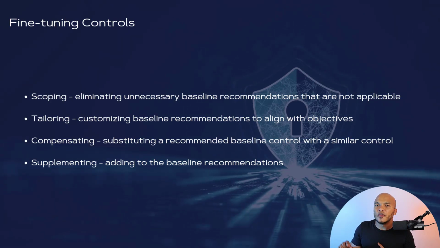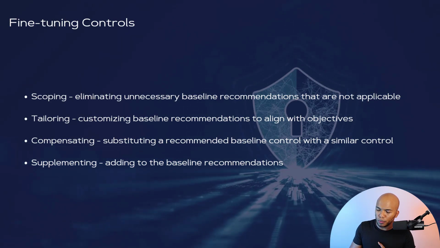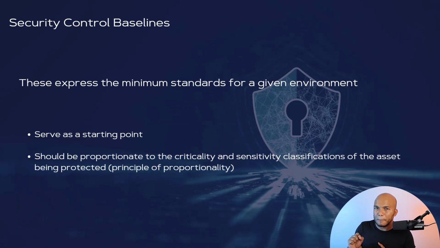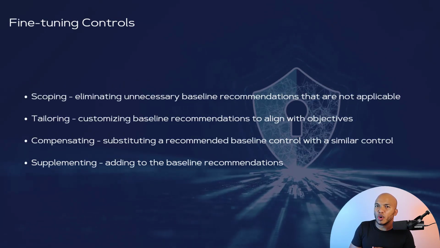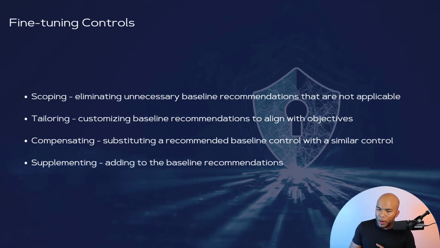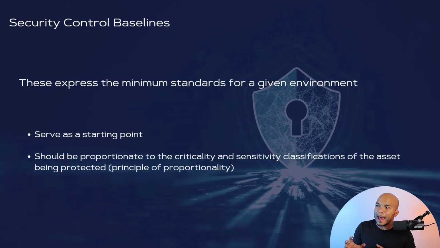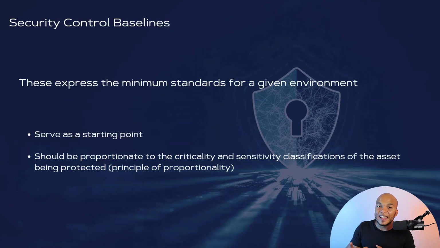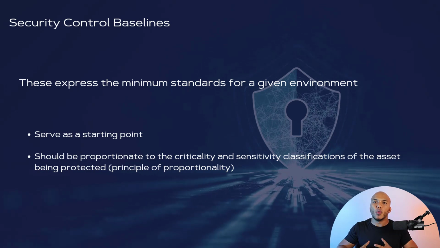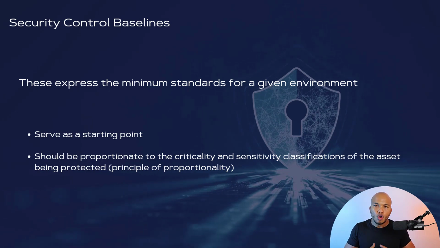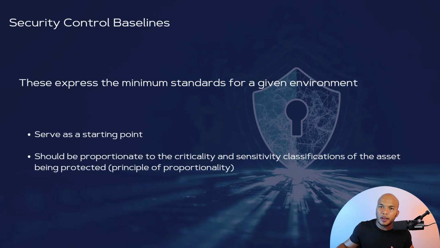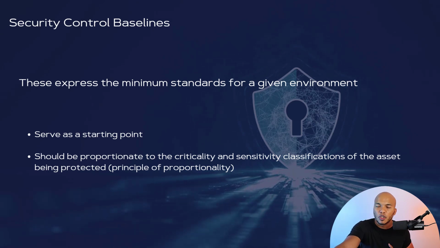Now, you do have the fine-tuning controls for your security control baselines. You do have the concept of scoping. By the way, a control baseline, you do have certain bodies and organizations like the NIST that have come up with their own control baselines. Okay, so you want to improve authentication. Well, here's the baseline of controls that you need for such.